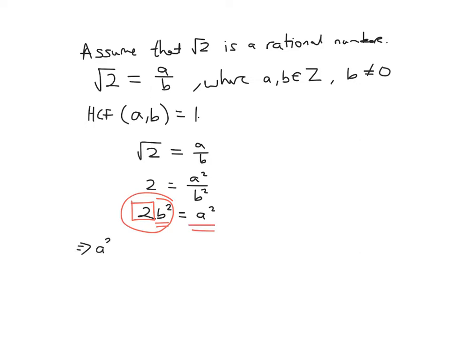Okay, so we'll say therefore a squared is even, which therefore means that 2 divides a squared, which therefore means that 2 divides a. Okay, so we know that 2 will divide into a.